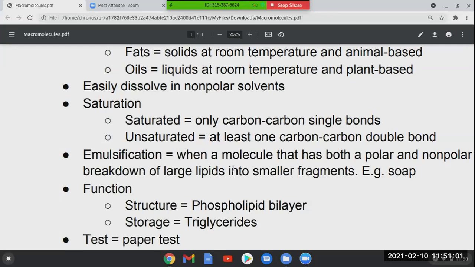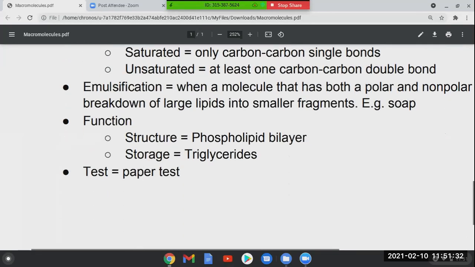An emulsifier is a molecule that has dual ends, polar and non-polar ends, and due to the presence of these polar and non-polar ends, emulsifiers are good at breaking down large lipids into smaller fragments. And even if you have a polar solvent along with the emulsifier, it's easier to break it down.